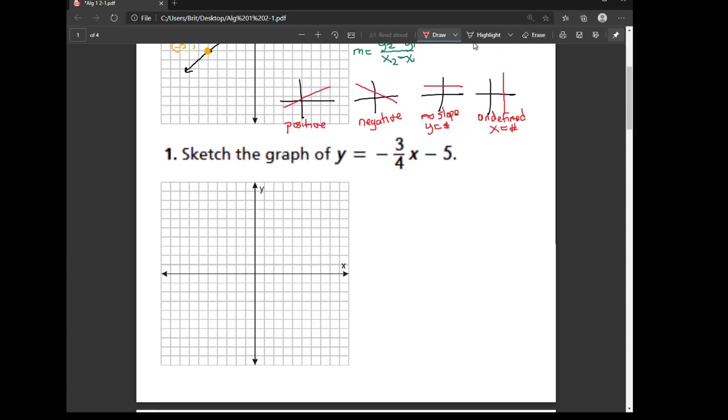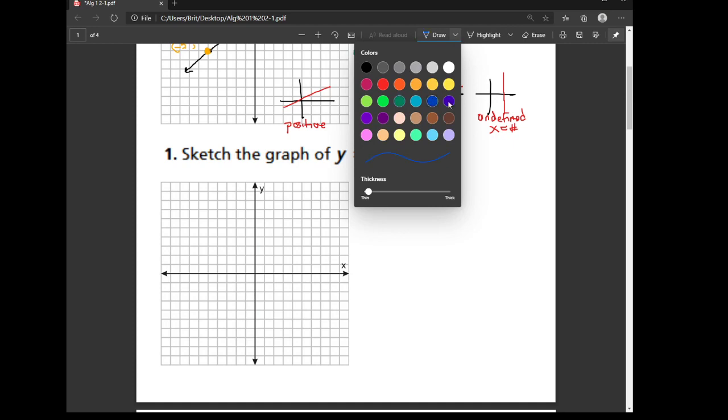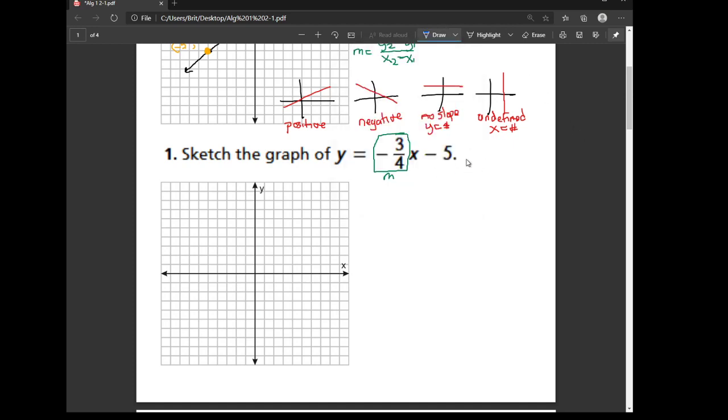Alright, let's try another example. So on this example, the number being multiplied to x, my slope, is negative 3/4. That means that once I know where my first point is, I'm going to fall by 3 and run by 4. And then here, my y-intercept is at negative 5.